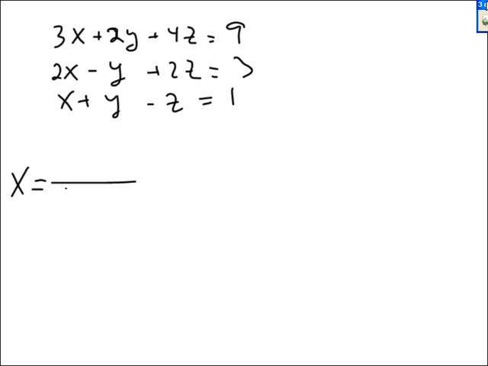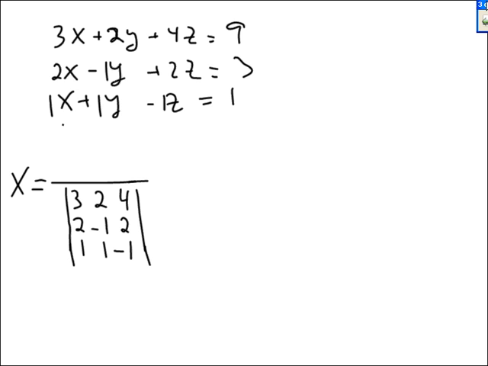X, like always, is the division of 2 determinants. The bottom determinant is the coefficient matrix: 3, 2, 1 for x, 2, -1, 1 for y, 4, 2, -1 for z. And the numerator is going to be exactly the same.